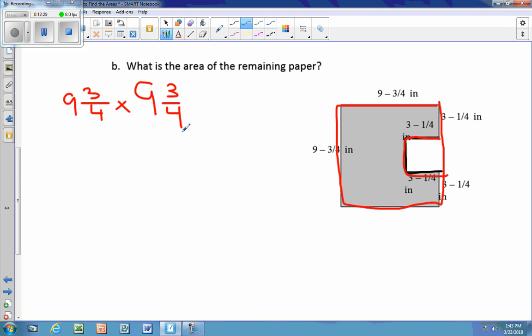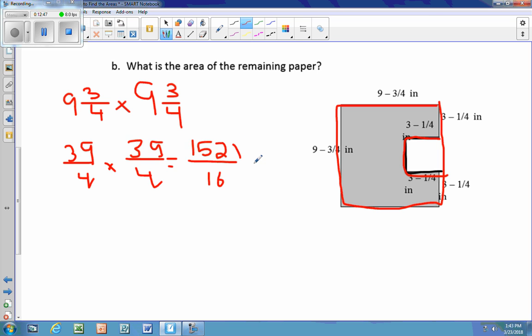And when we do that, we have to turn them into improper fractions. So we know we have 39 fourths times 39 fourths. And we end up with 1,521 sixteenths. We cannot leave it improper, so when we change that, we end up with 95 and 1/16.